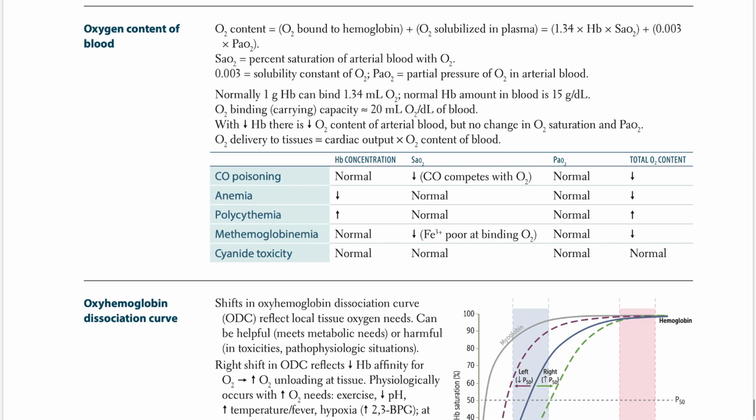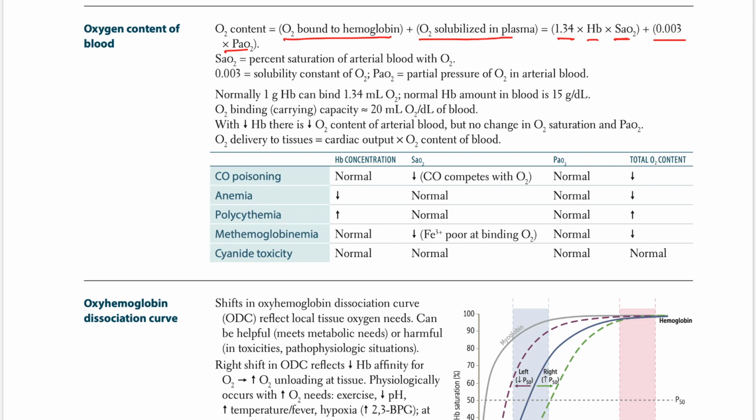The next one is oxygen content of blood. So O2 content equals the O2 bound to hemoglobin plus the O2 solubilized in plasma, that equals 1.34 times hemoglobin times saturation of O2 plus 0.003 times PaO2.